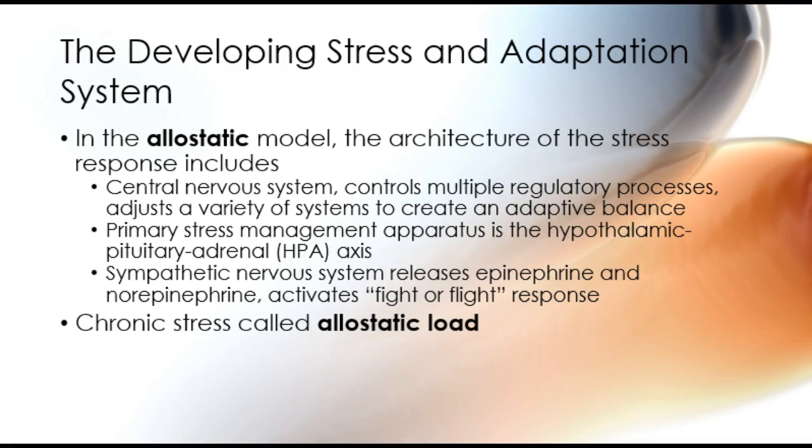You have this release of chemicals like epinephrine, adrenaline, norepinephrine or noradrenaline, and cortisol, and those are the fight or flight hormones. They're going to divert the energy away from growth, from reproduction, from digestion, from all those things.